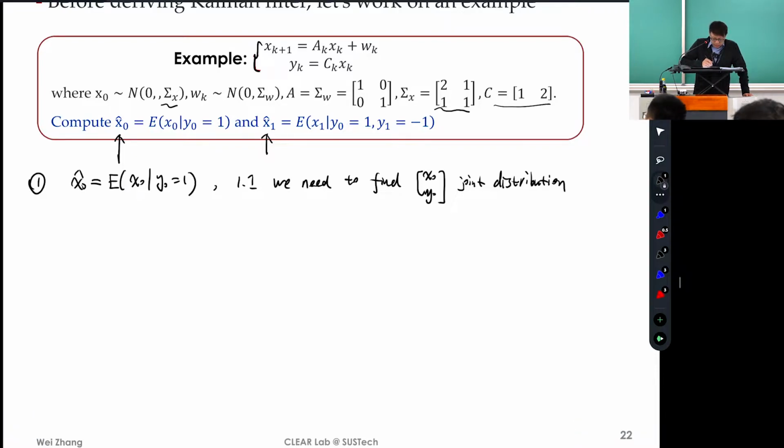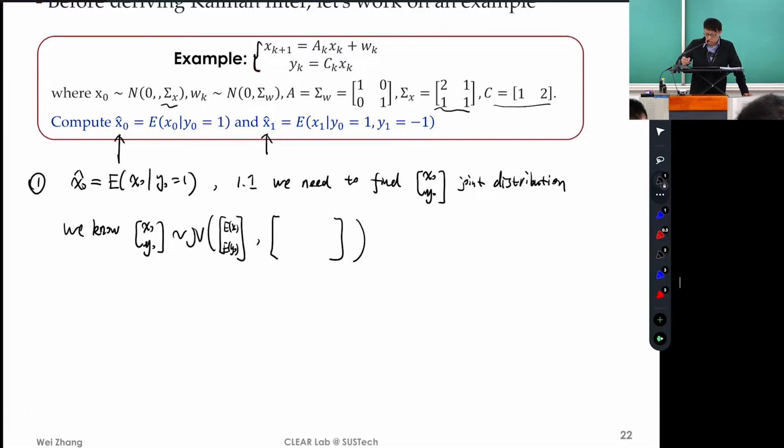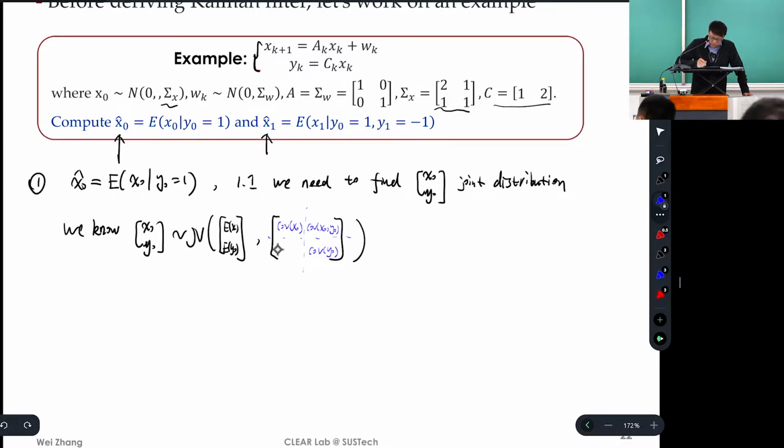We know these two are jointly Gaussian, so the joint has a mean, which I'll call EX0, EY0, and a covariance matrix that we need to compute. This block is the covariance of x0, this is the covariance of y0, this is the covariance of x0 with y0, and this is the covariance of y0 with x0.